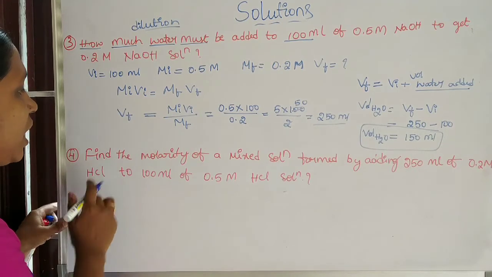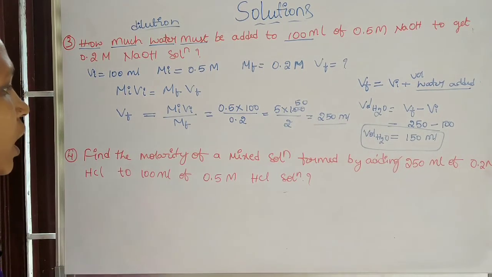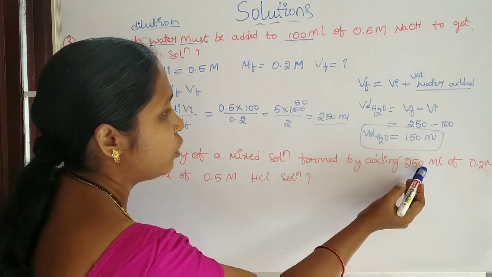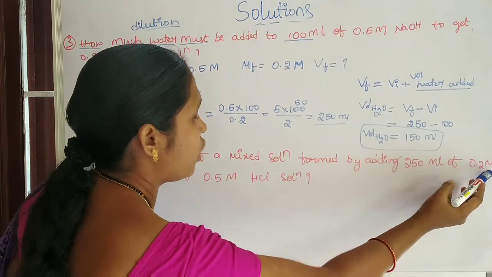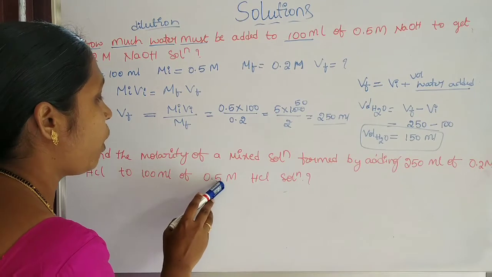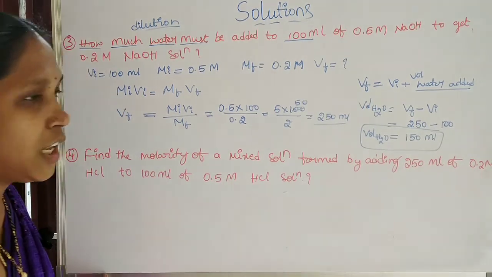Fourth one, find the molarity of a mixed solution formed by adding 250 ml of 0.2 molar HCl to 100 ml of 0.5 molar HCl solution.